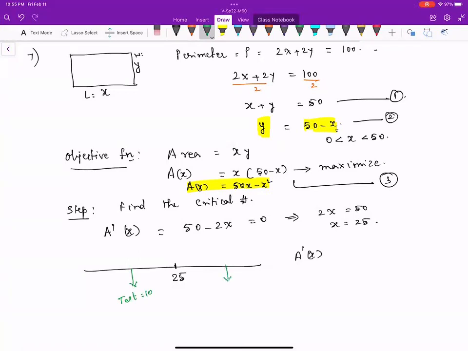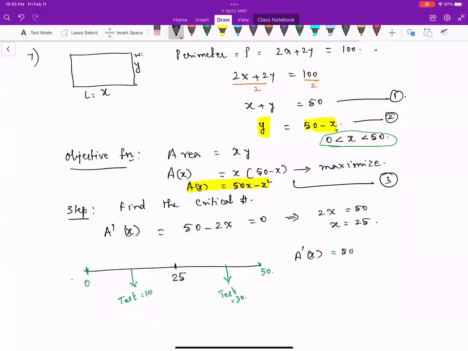And then to the right of 25, the whole thing can be only 0 to 50, right? Because we have said that the domain of x is only from 0 to 50. So we can take a test point to the left of 25 and to the right of 25, and then we'll find out what the sign of A prime x is.